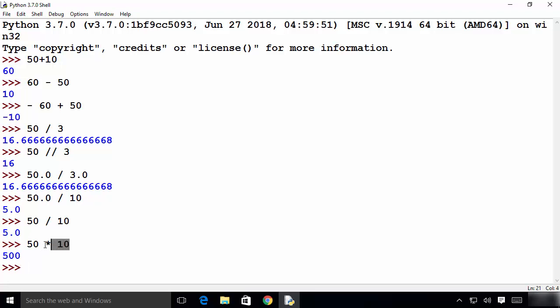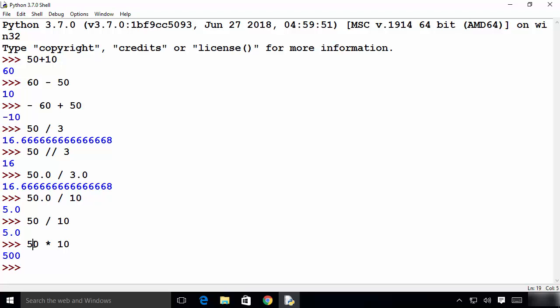Now what we are doing here, for example, multiplying two numbers or dividing two numbers or addition of two numbers or subtraction of two numbers, in Python is called an expression. Okay, so 50 multiplied by 10 is an expression. And I have already told you that these symbols for multiplication or division are called operators.